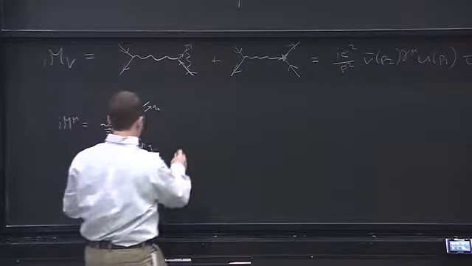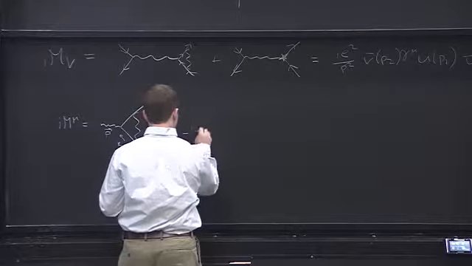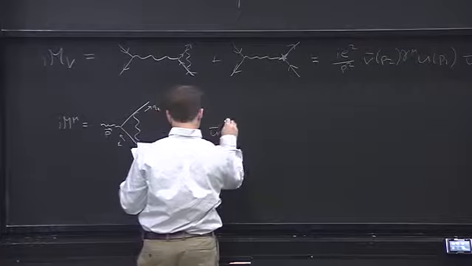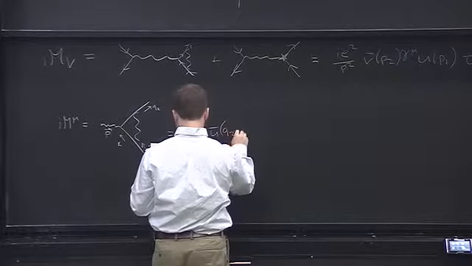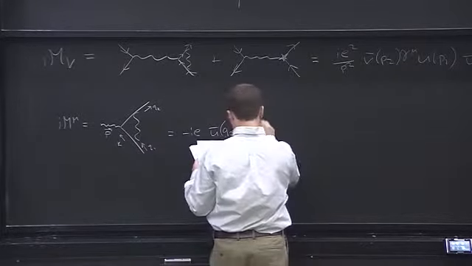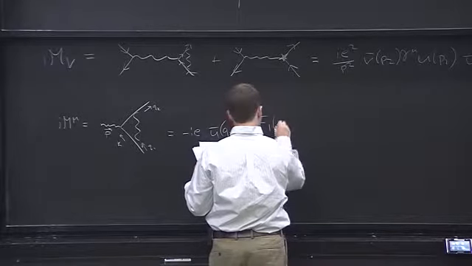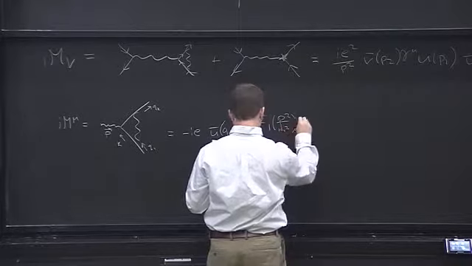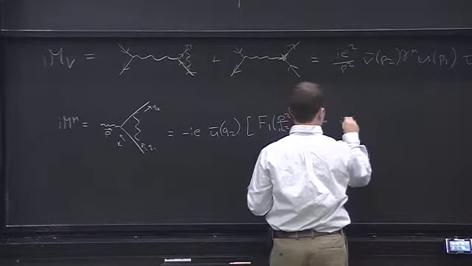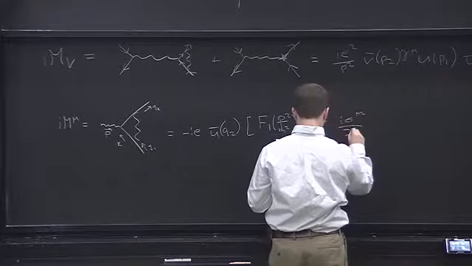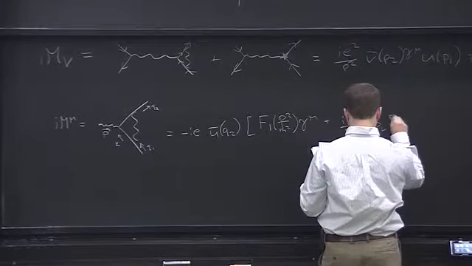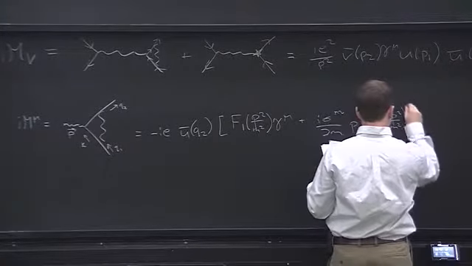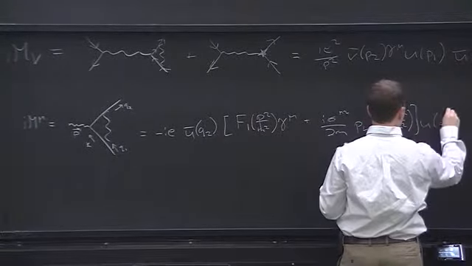was equal to minus i e u-bar of q2 times [F1(p^2/m^2) gamma^mu plus i sigma^{mu nu} over 2m p_nu F2(p^2/m^2)] times u of q1.